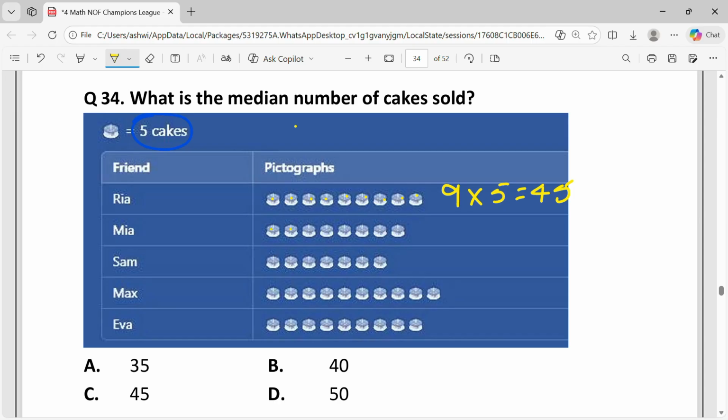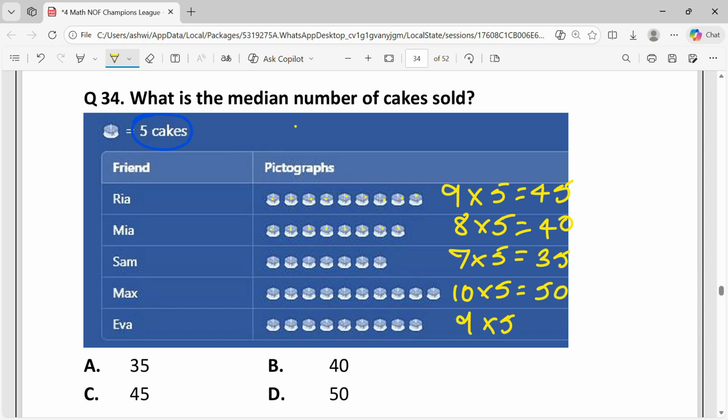Mia 1, 2, 3, 4, 5, 6, 7, 8. 8 into 5, that is equal to 40. Next is 7 into 5, that is 35. Next is 10 into 5, that is 50. And 9 into 5, that is again 45.